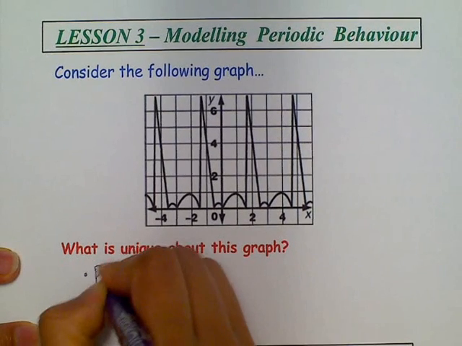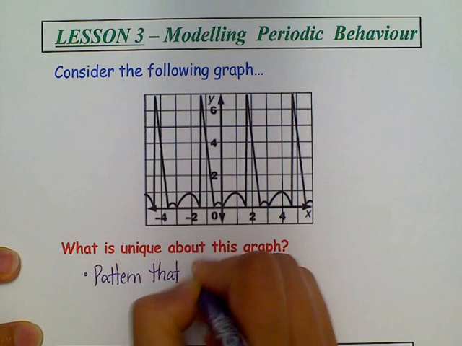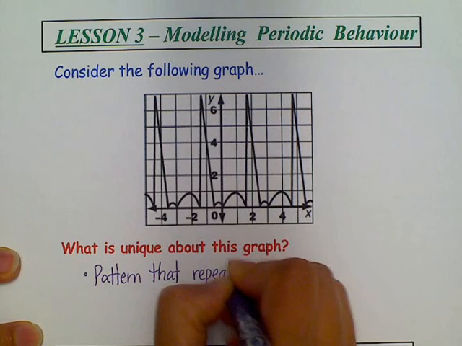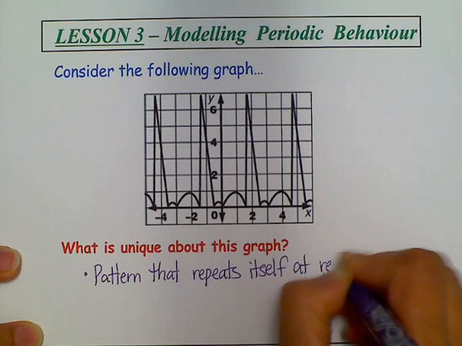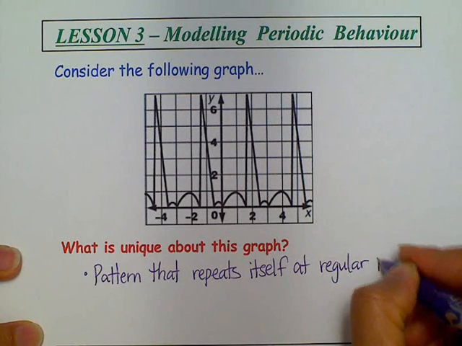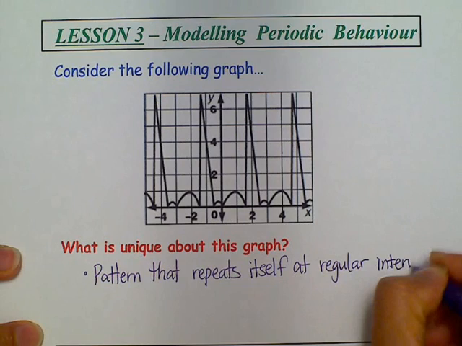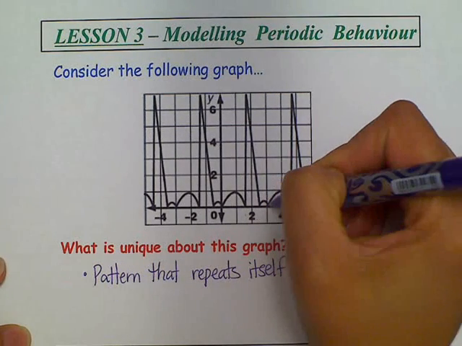It has a pattern that repeats itself at regular intervals. And depending on how you see the pattern, you might have seen it as the spike happening first, and then a small bump, and then a larger bump.